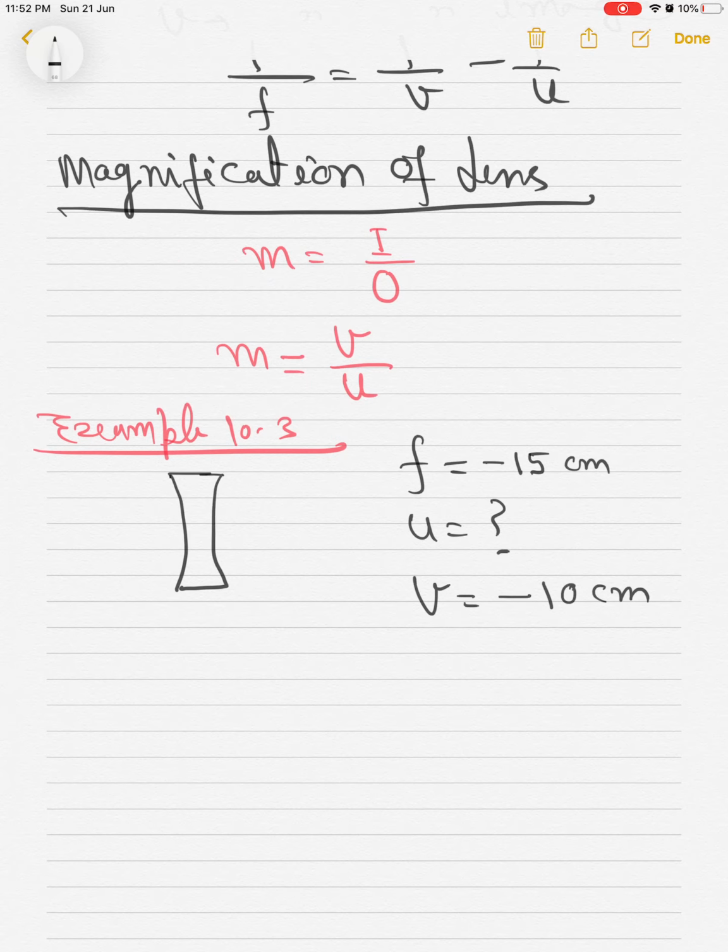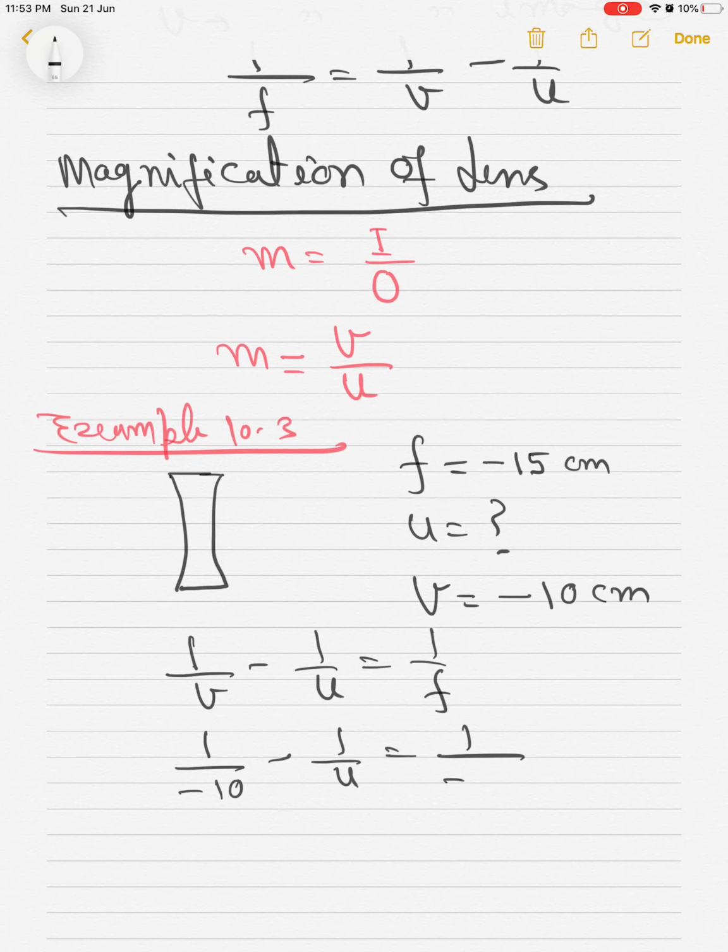So, we will use here the lens equation, 1 upon v minus 1 upon u is equal to 1 upon f, and put the values: 1 upon minus 10 minus 1 upon u is equal to 1 upon minus 15.